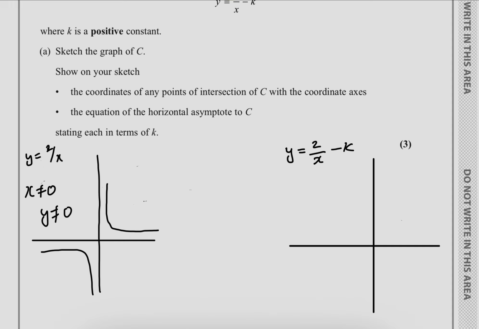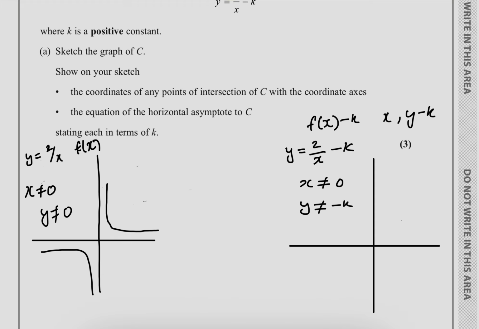If this was our f of x, then this is our f of x minus k, and we know this affects the y units, so this is going to be our x and y minus k. We don't have any coordinates yet, but what we do have are the asymptotes, so x stays the same, and 0 minus k is minus k.